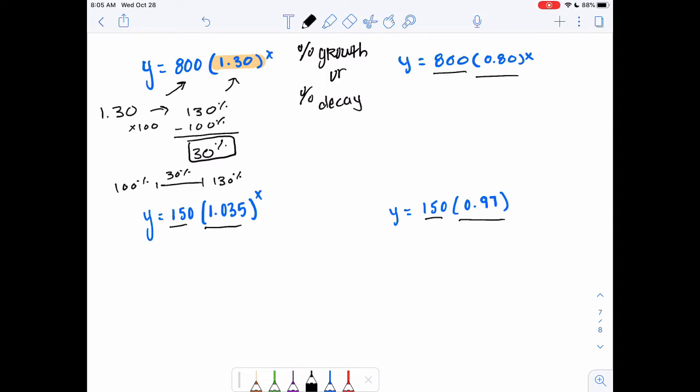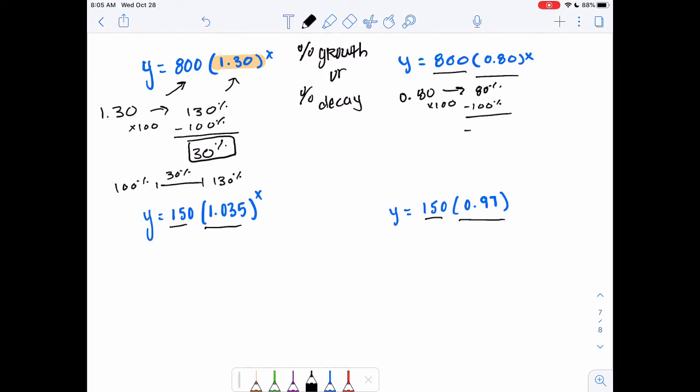Let's take a look at another example. Once again, I'm going to write my multiplier as a percentage by multiplying it by 100 to see that it's equivalent to 80%. And let me subtract 100%.